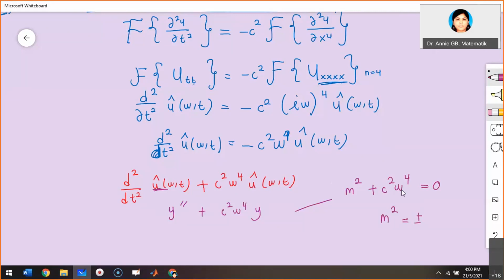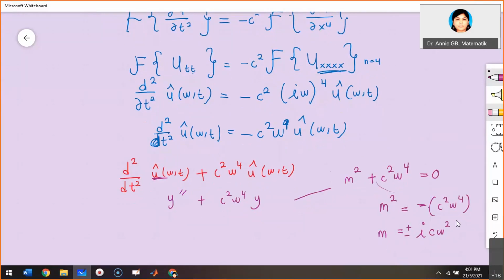Bawa pergi ke sebelah sini ada negatif c squared omega to the 4. Now ambil square root. m equals to plus minus i c omega squared. Okay, so we have a complex root.